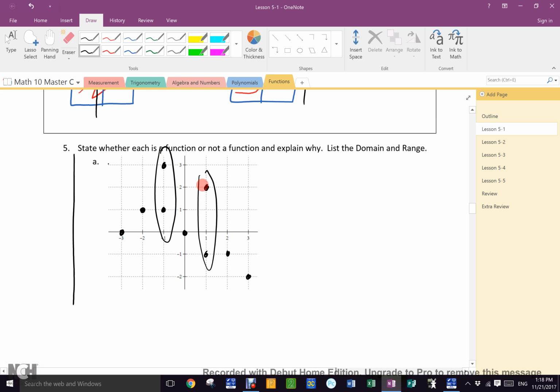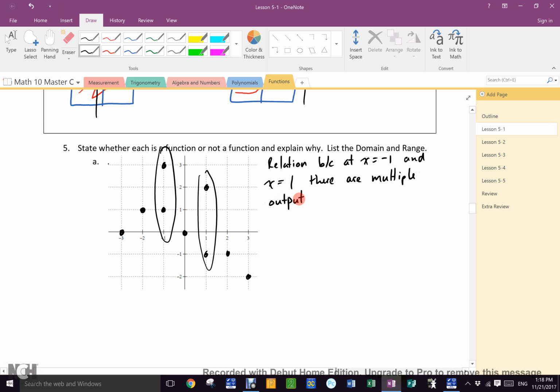And right there, what happens? It hits 2. So is this a function or a relation? It's a relation. Why? Because at x equals -1 and x equals +1, there are multiple outputs. Everybody understand?